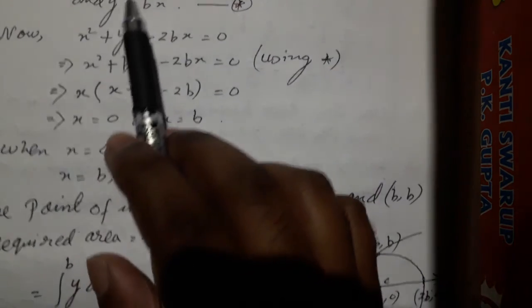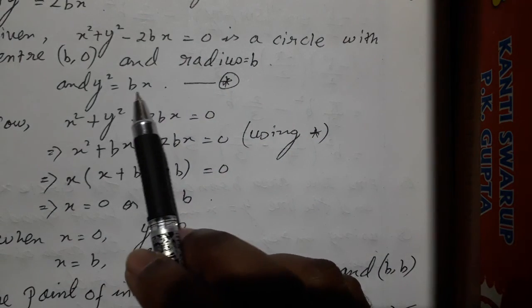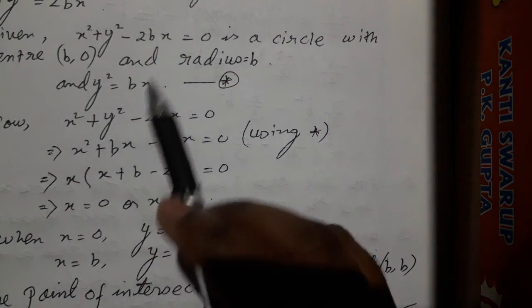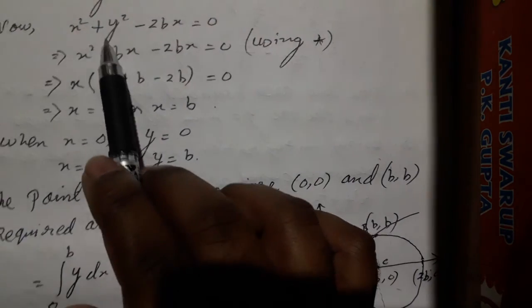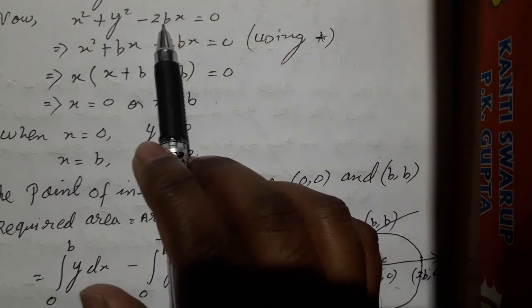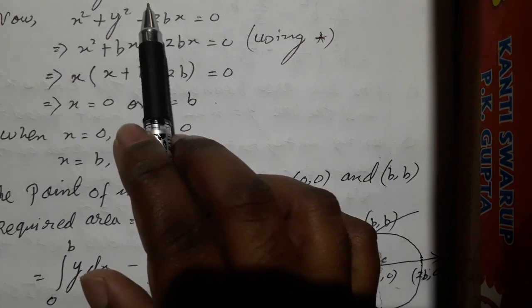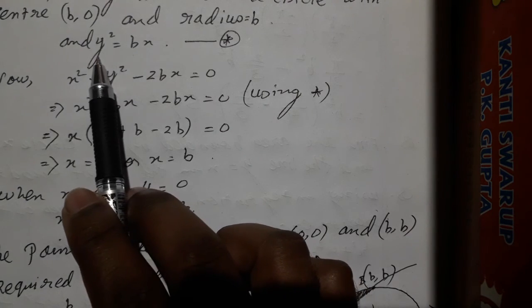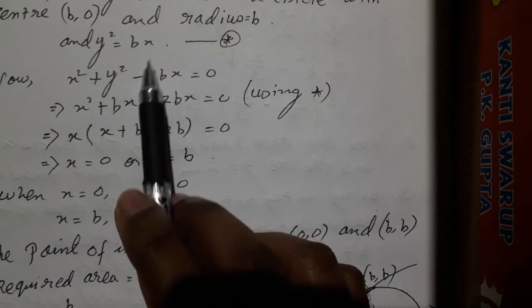Now this is a parabola, y squared equal to bx, with its vertex at the origin. Now we'll try to find the point of intersection of these two curves. We have the curve x squared plus y squared minus 2bx equal to 0, and the other curve, the parabola, is y squared equal to bx. So in place of y squared, I'll put bx.